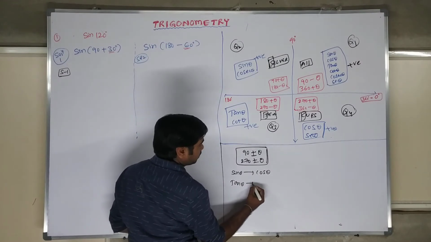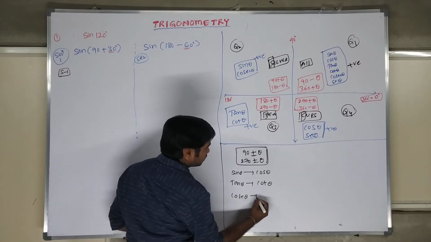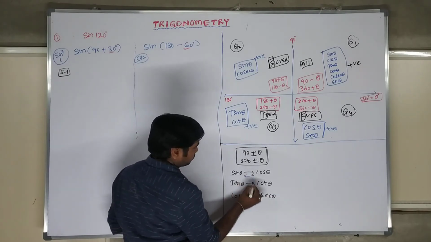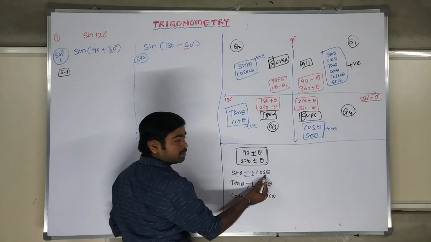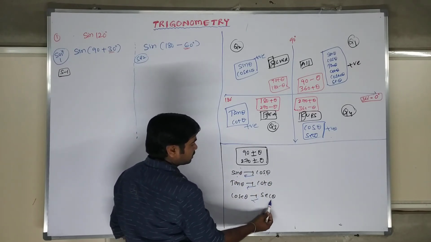Tan theta, please write cot theta. Cosecant theta, please write secant theta. Reverse also: cos theta becomes sin theta, cot becomes tan, sec becomes cosec, and so on.